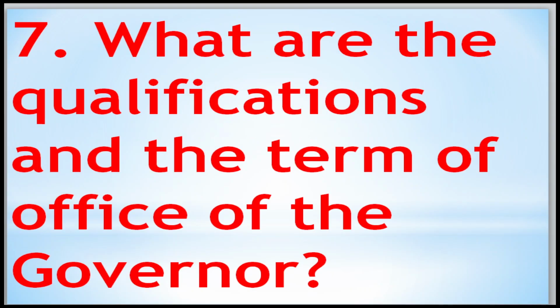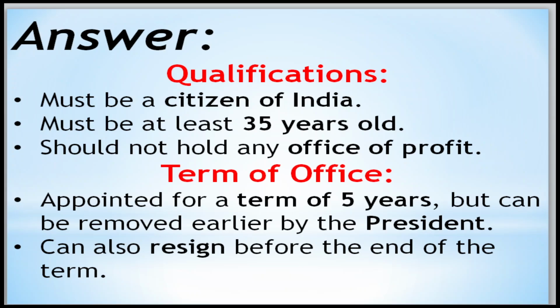Okay, now move to the seventh one. What are the qualifications and the term of office of the governor? First we will move to the qualifications of the governor. Must be a citizen of India, must be at least 35 years old, should not hold any office of profit, and should not be insolvent. Those things you can write as qualifications.